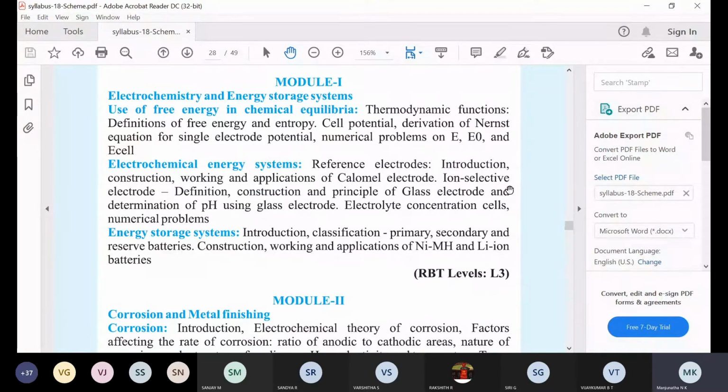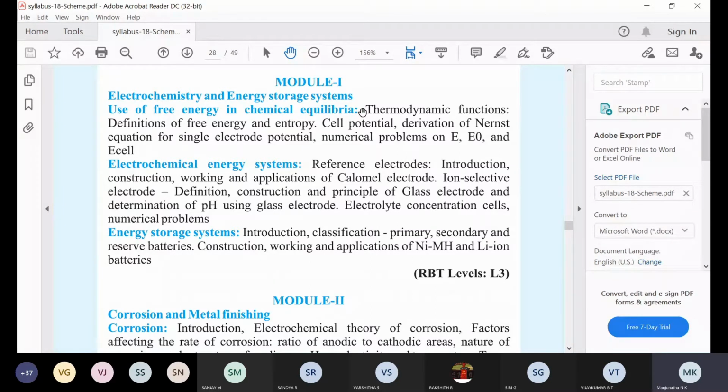Next we are going to discuss cell potential or EMF of the cell and how to determine the EMF of the cell. To determine the EMF of the cell, we use one equation called the Nernst equation, and numericals on the basis of the Nernst equation. So this is the first one, that is use of free energy in chemical equilibrium.